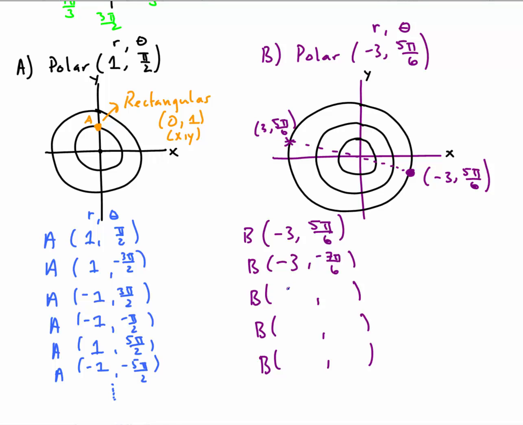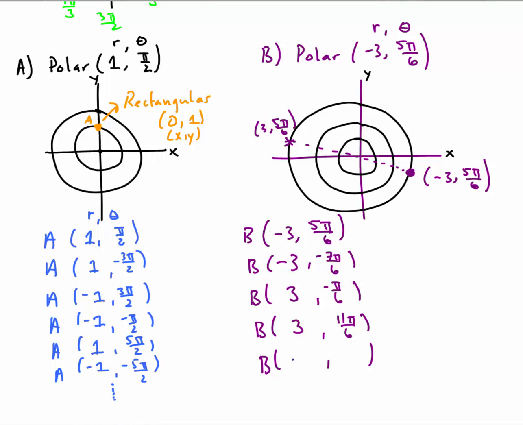Another way I could make the 3 positive. If I made the 3 positive, I would just need to work with that angle, which looks like it's a negative pi over 6. So 3, negative pi over 6. I could also call it 11 pi over 6, which would create that same angle. And there are just so many different ways that we could look at this.